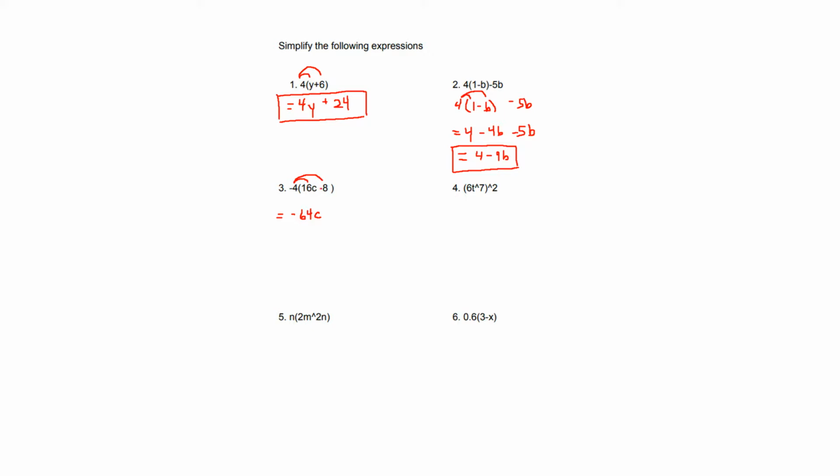And it's negative and a negative, so it makes it positive. So it's going to be plus 32. So the final answer for number 3 here is going to be negative 64c plus 32. You're just going to distribute the negative 4 outside of the parentheses.